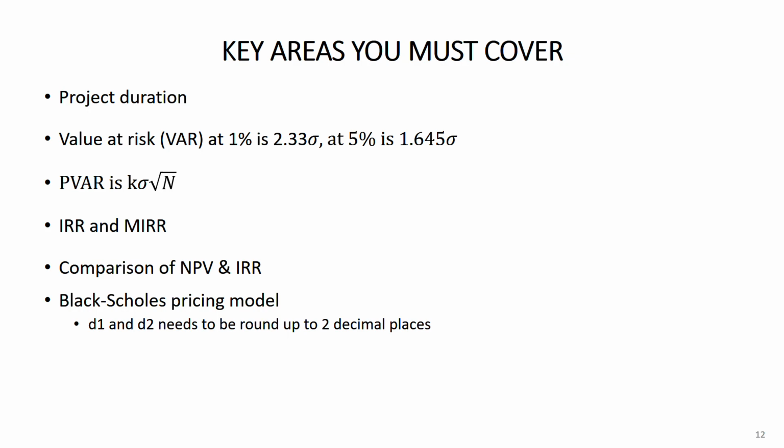Why, you might be asking? Because when you go to the table to find the probability, that value ND1 and ND2 from the table, you will see that it is only for up to 2 decimal places. And make sure that you know how to use the standard normal distribution table. You need to use the standard normal distribution table at this point, right? So make sure you know how to read it.